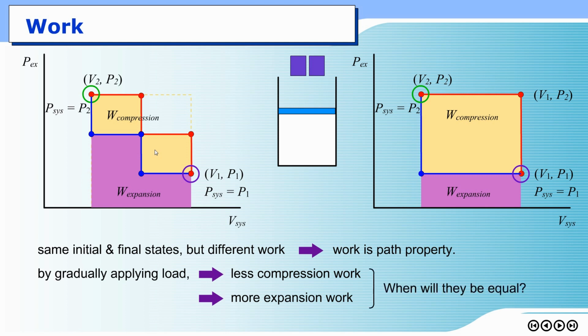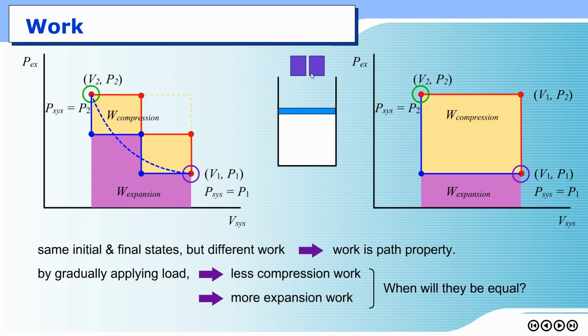So from this, when will they be equal? Can expansion work and compression work be equal? Okay, theoretically, it seems to be possible. So if you look at the step here, one step means you put one mass on top of it, right?